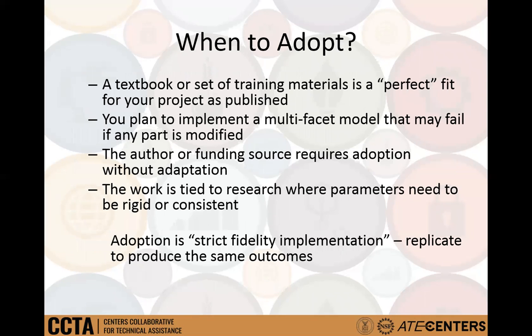So when should you consider adopting? Adoption implies strict fidelity implementation or duplication of a model or method. When adopting, the intent is not to change anything from the original. If it is a textbook, for example, the content, exercises, etc., provided by the author will be used as presented.